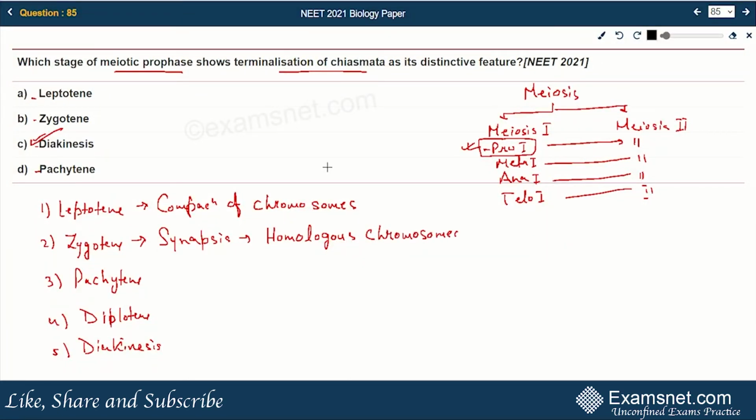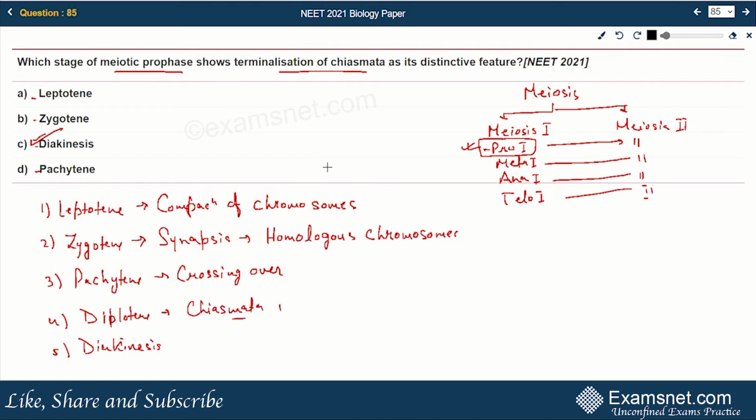Now what happens during pachytene? Here crossing over occurs between the non-sister chromatids of the homologous chromosomes. Crossing over takes place. Now what happens during diplotene? In this stage, an X-shaped structure is formed that is known as chiasmata.